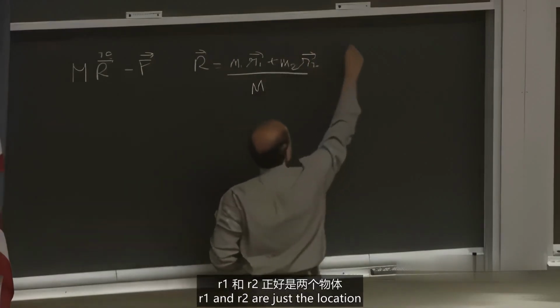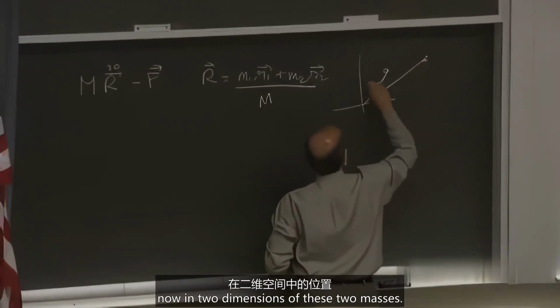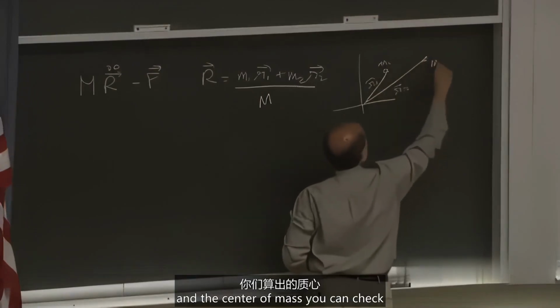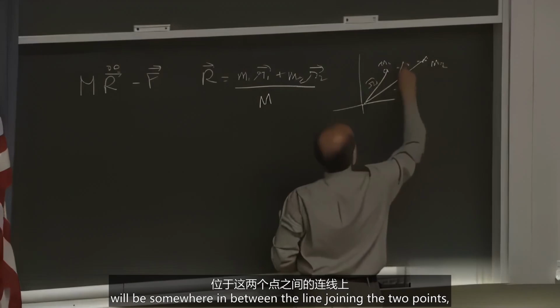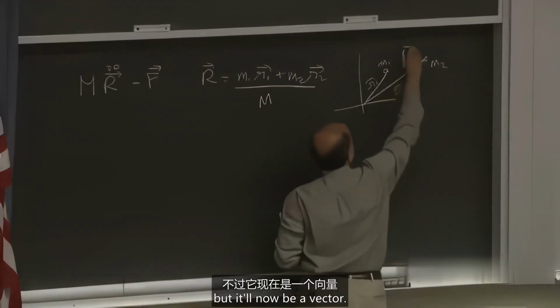R1 and R2 are just the location now in two dimensions of these two masses. So here is M1 and here is M2, and the center of mass you can check will be somewhere in between, on the line joining the two points, but it will now be a vector.